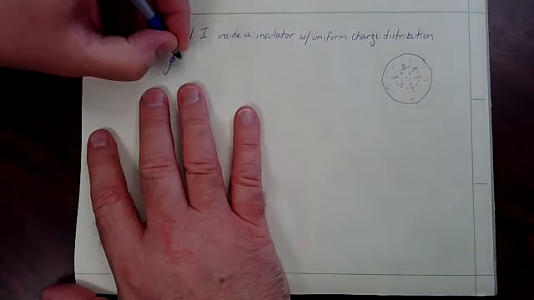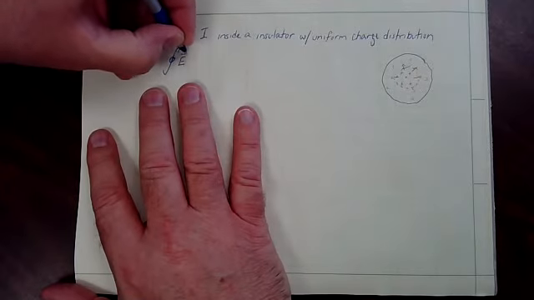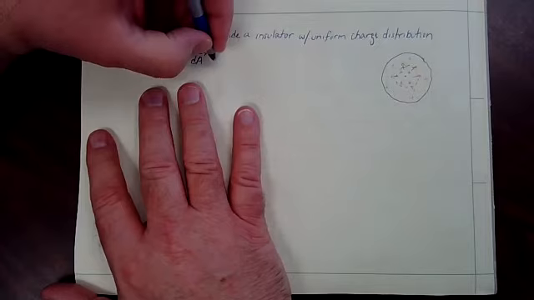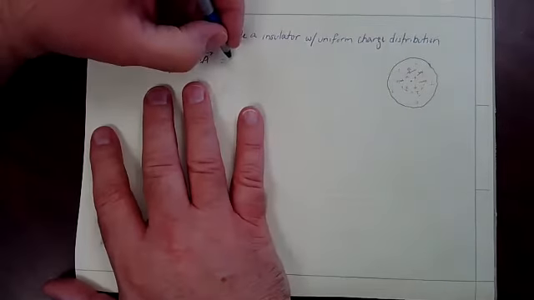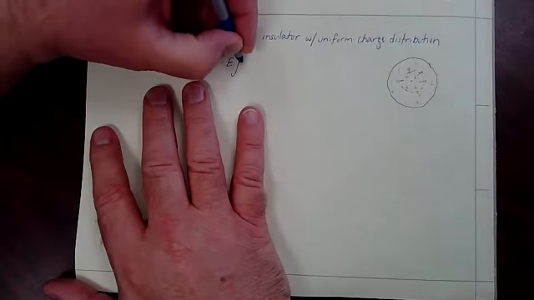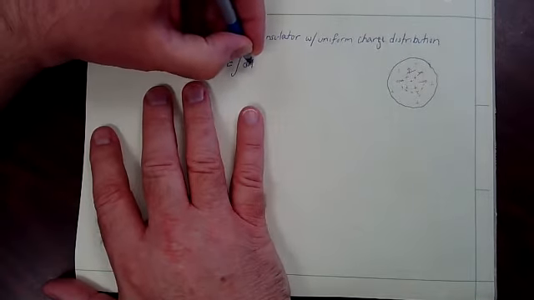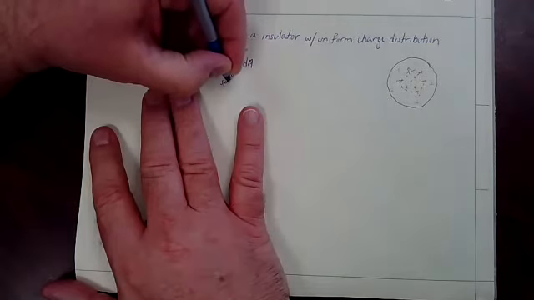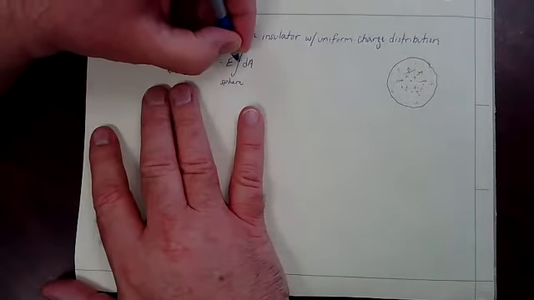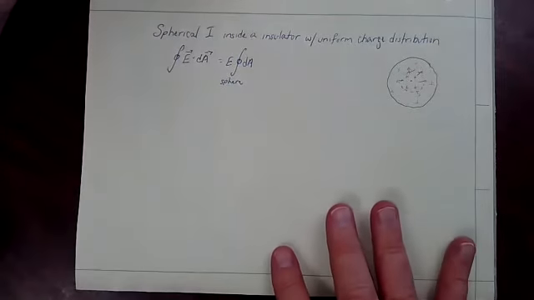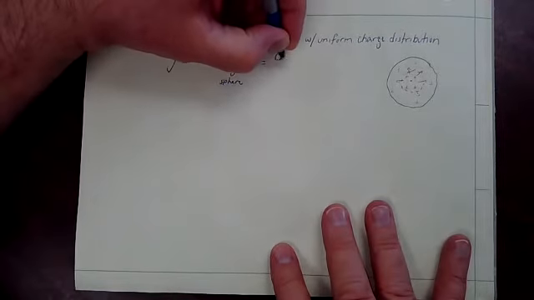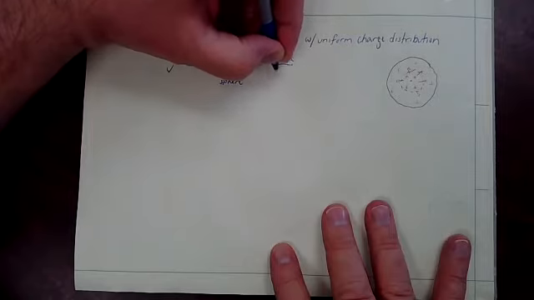And so when I do E dot dA, that simply becomes E times the integral of dA, and I'm talking about a sphere. And that's equal to the charge enclosed. I know, kind of repetitious, right?